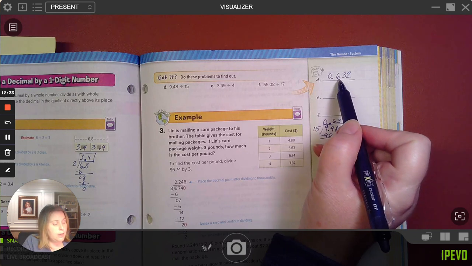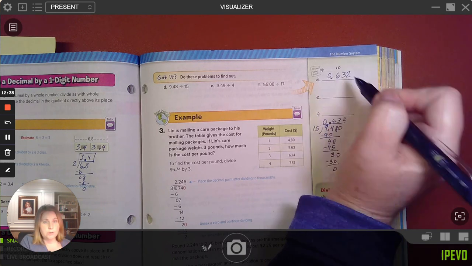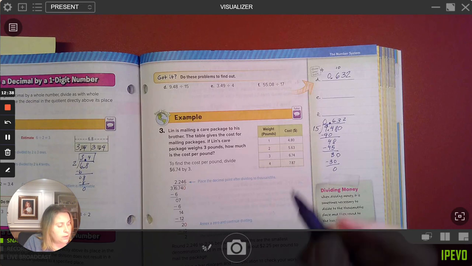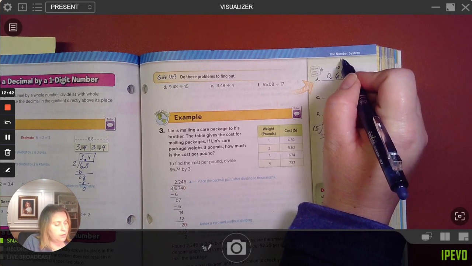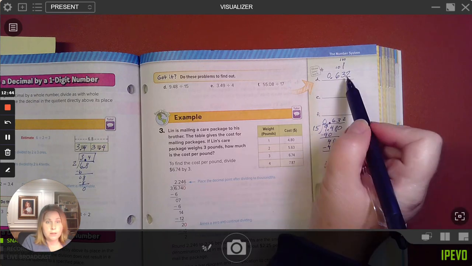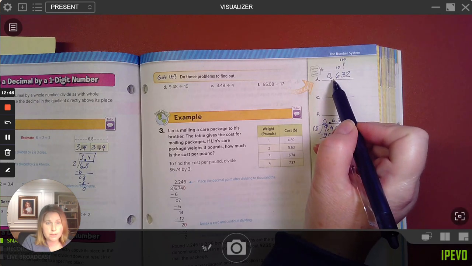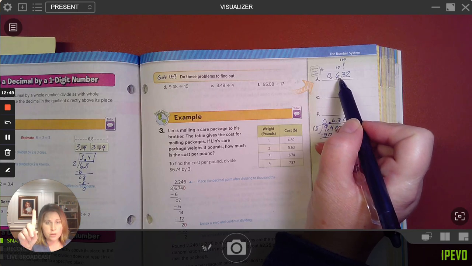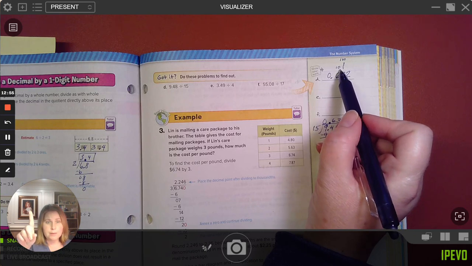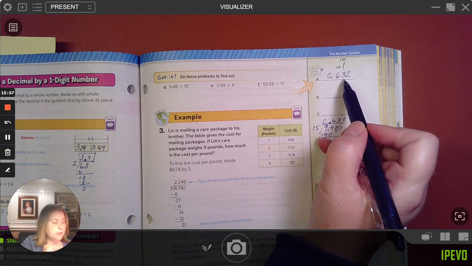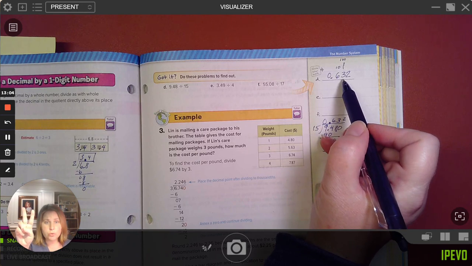So this is tenths, right? So think of a 1 followed by a 0, tenths place. This is the hundredths place, the 3. So think of a 1 followed by 2 zeros, right? A 10 has 1 zero. That's the tenths place. It's the first decimal place. Okay, 1 zero, first decimal place. This is the second decimal place. It's called the hundredths, right? It's a 1 followed by 2 zeros.